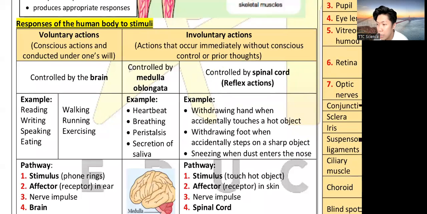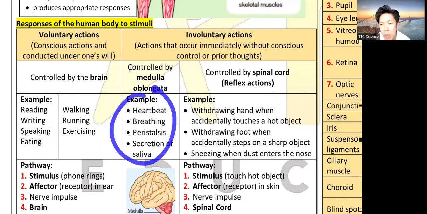Reflex is a response to a dangerous situation, to save you from harm. Sneezing happens because you have a lot of bacteria and dust in your nose. So your body tries to save you from that, and gives you a reflex action, achoo, and you sneeze everything out. That prevents you from getting sick or getting more viruses.